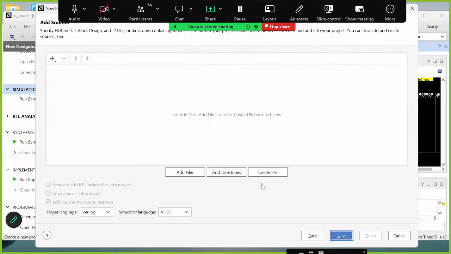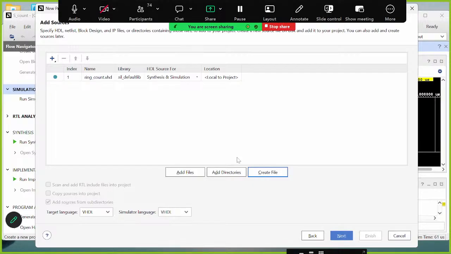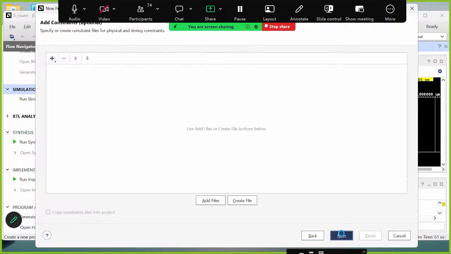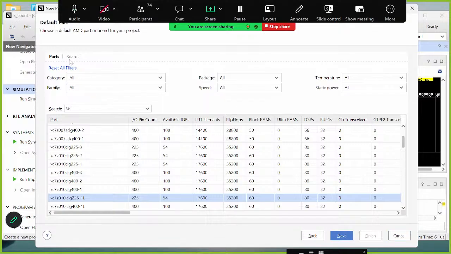Hardly matters whatever you write. Over here, let's create a file of VHDL. The name of this file should match your entity name. It is mandatory. Ring underscore count. Next, next. Select the board.